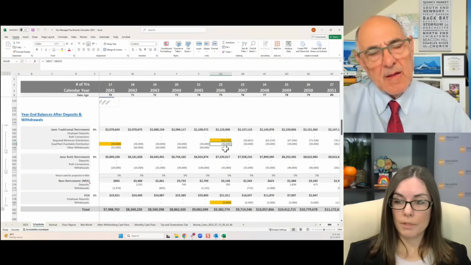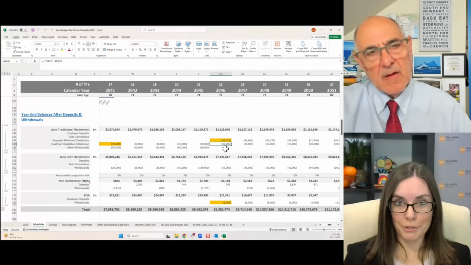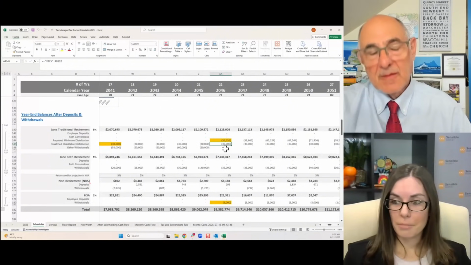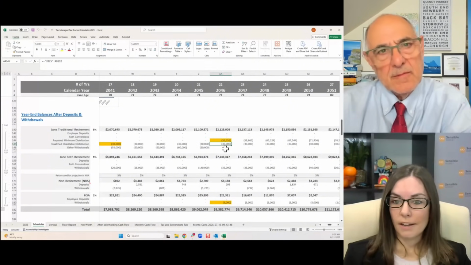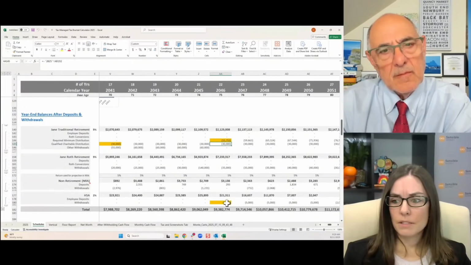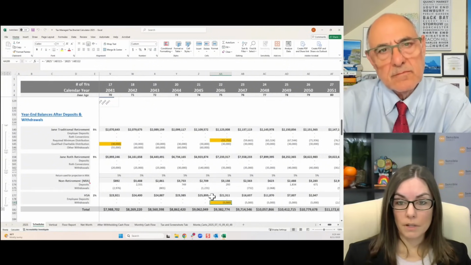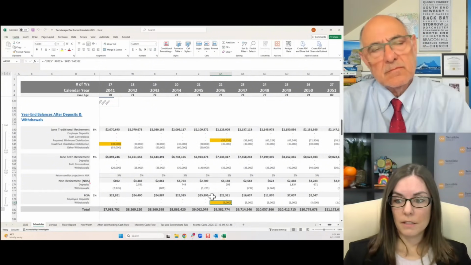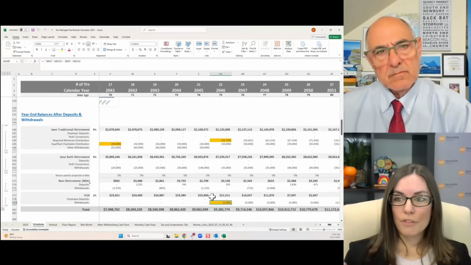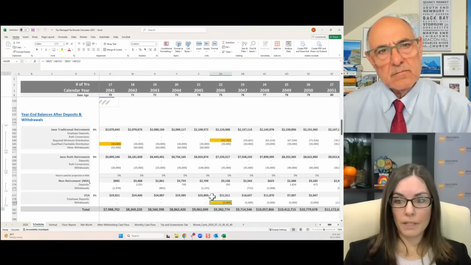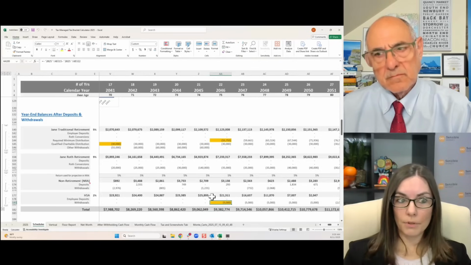We built in charitable giving because it's something she's open to. Not everybody is, and that's okay. But if you are, that's a strategy. We also have built in some HSA withdrawals. HSAs are not a great asset to leave to somebody other than a spouse. This client doesn't have a spouse. Roughly what we try to do with HSA balances is, if you're healthy, we would recommend investing them and letting them grow.